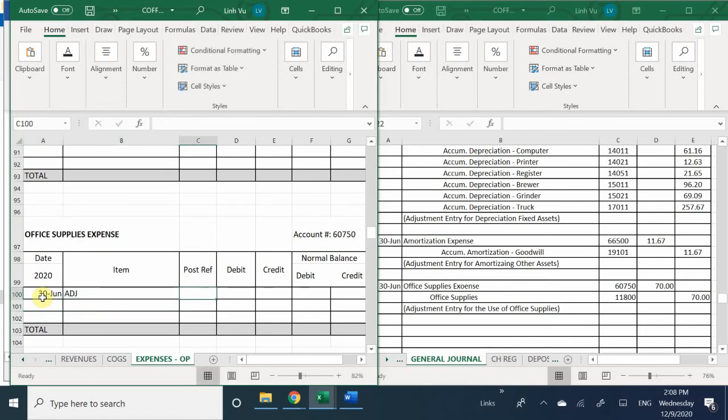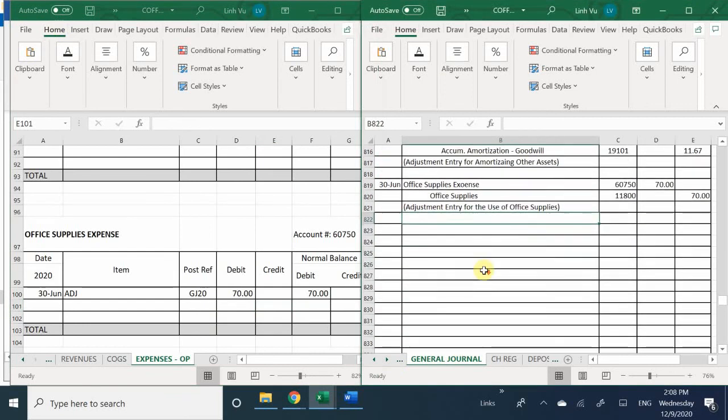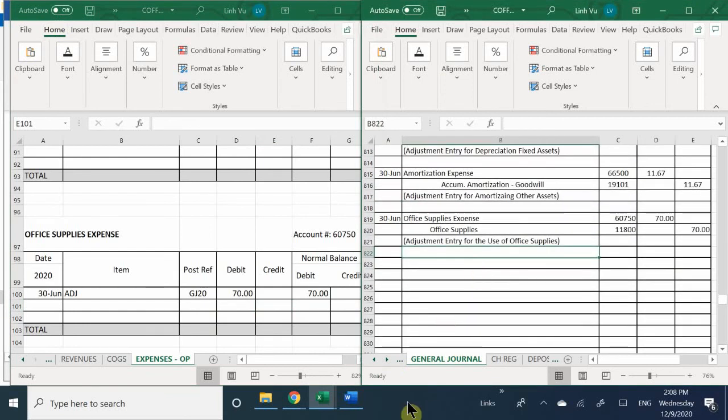And then 70 is debit. 70 in the debit column. Okay. All right. So now that we adjusted our office supplies, let me see what's next.